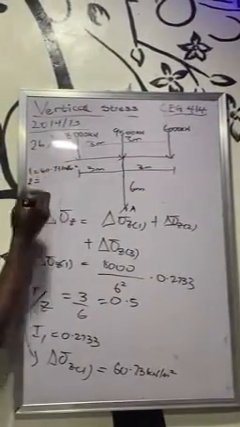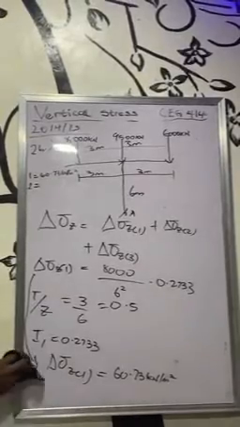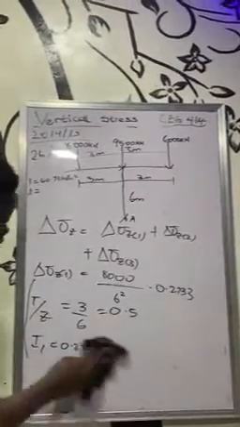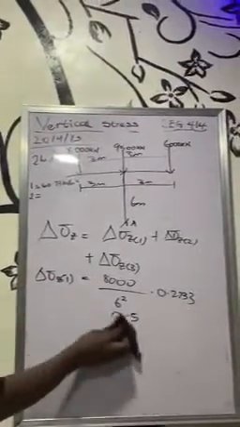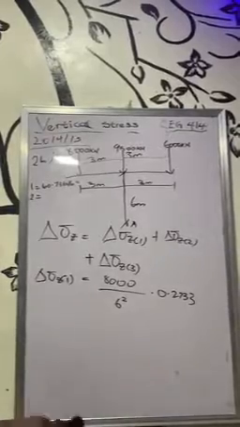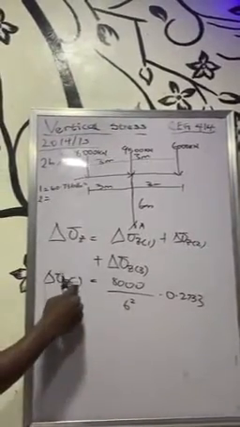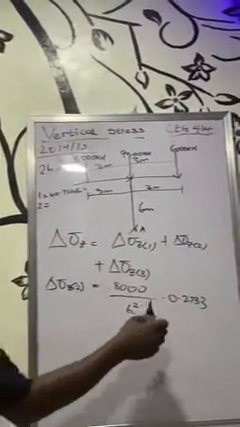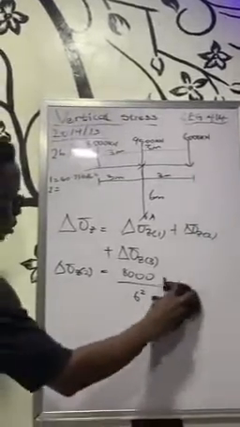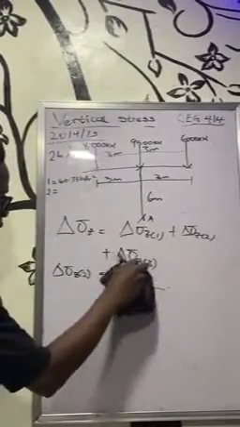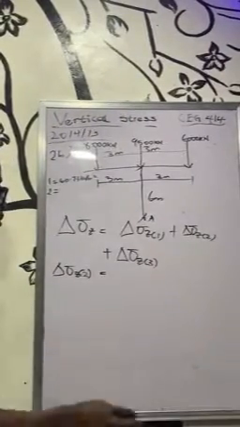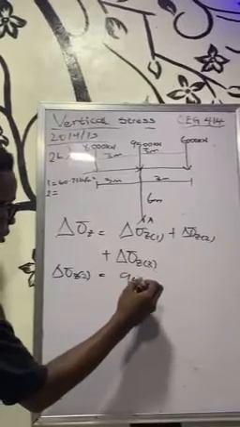For the second one, we'll just be changing values here. P changes to 9,500.